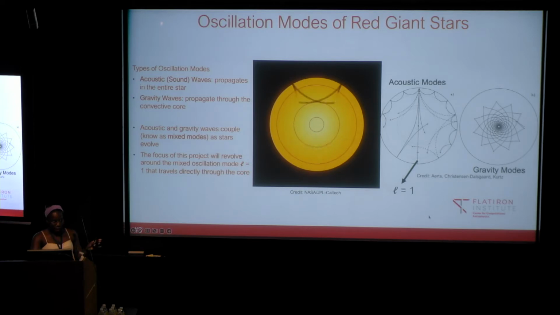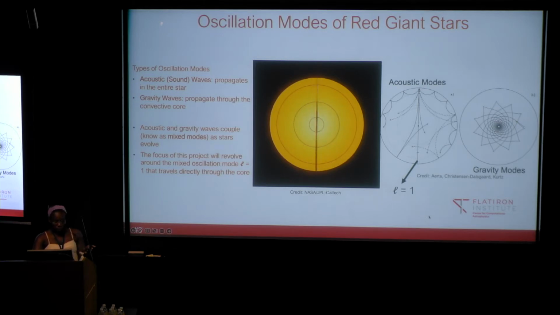Illustrated on the left of the second plot, we have the acoustic waves traveling near the surface of the star, which gives us more shallow characteristics, while gravity waves, illustrated on the right of the second plot, give us characteristics of the deep stellar interior.